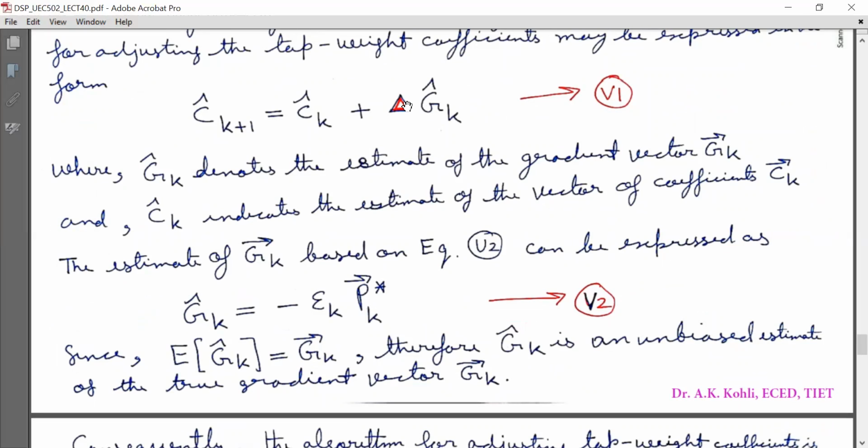The estimate of G_k based on equation U2 can be expressed as G cap k = minus e_k p_k conjugate, marked as V2. Since the expectation of G cap k is equal to G_k, G cap k is an unbiased estimate of the true gradient vector G_k.